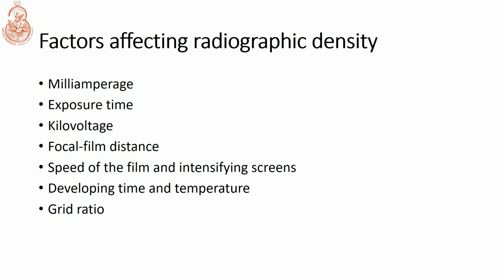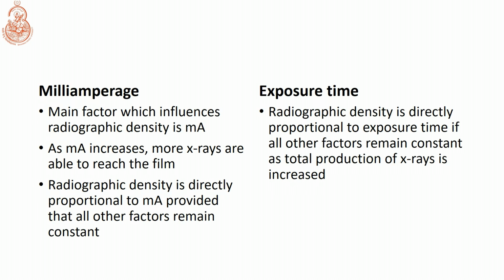What are the factors that affect the radiographic density? The first ones are milliamperage, exposure time, kilovoltage, film focal distance, speed of the film and the intensifying screens, developing time and temperature, and the grid ratio. Milliamperage is one of the major factors that influences the radiographic density.